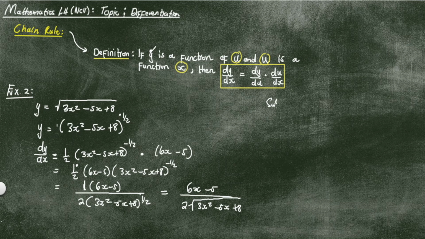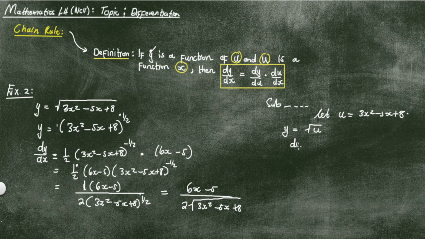Now let's use the substitution method as well. Okay, so we're gonna start off by letting u be equal to 3x squared minus 5x plus 8. Now the y becomes the square root of u.